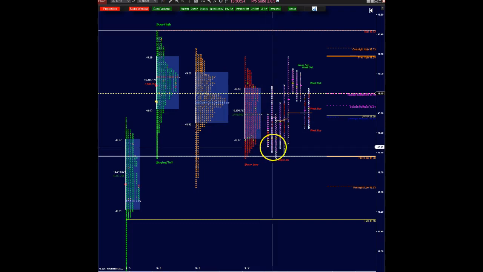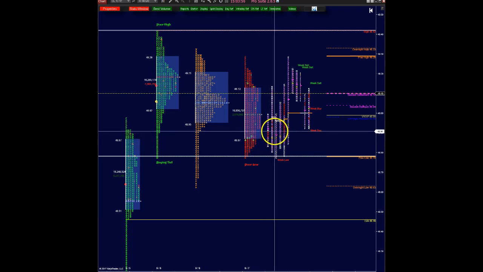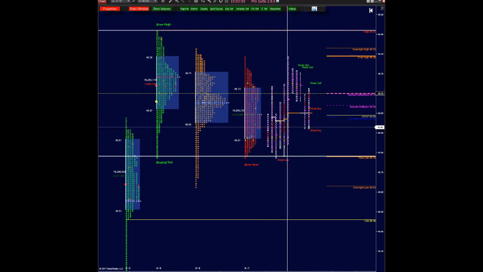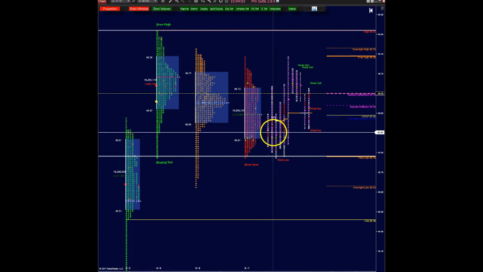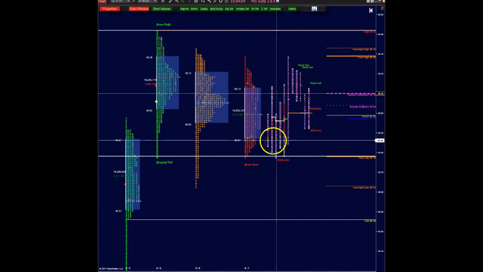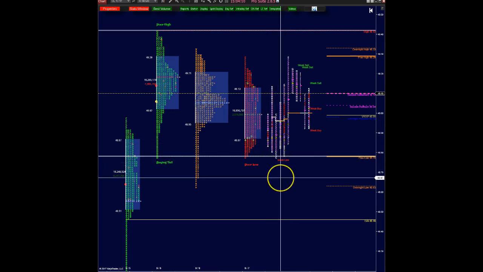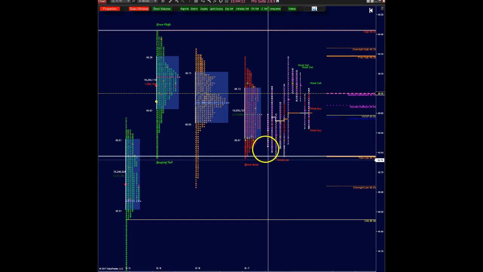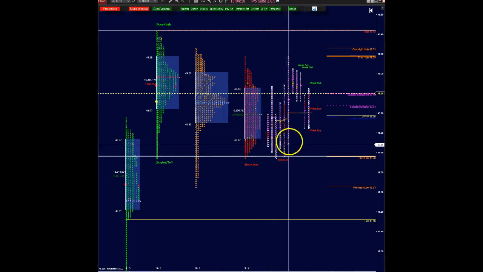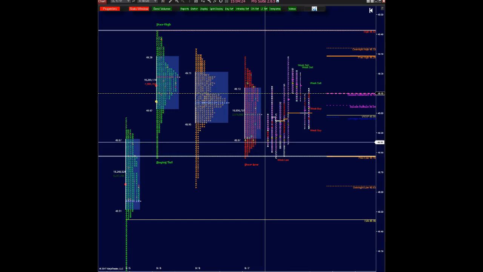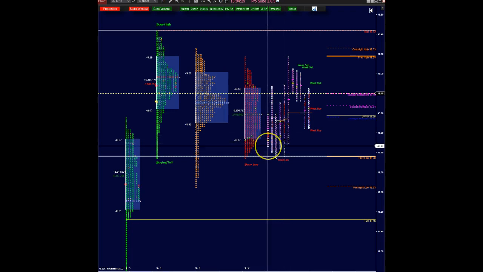These are 30 minute bars, so we spent 1 to 3 hours at the low level here, and we could not break down yesterday's low, if only by 1 tick here in the C period. When it happens like that, we're spending too much time at a level and cannot break it, so the odds turn the other way. In that case, it turned favoring the buyer.